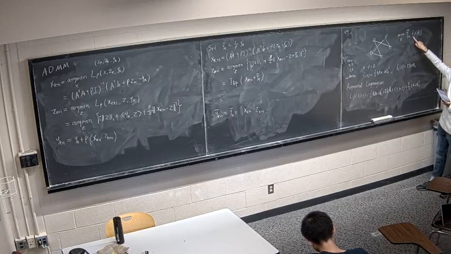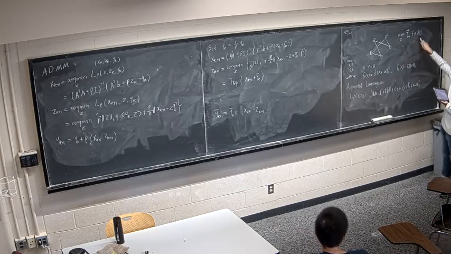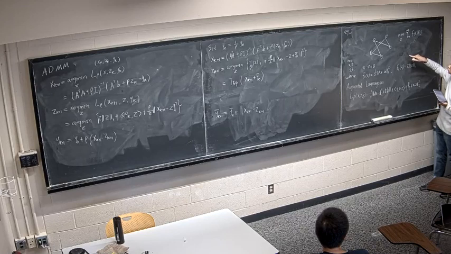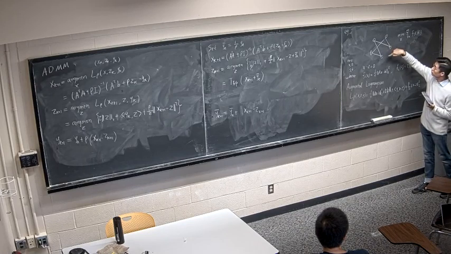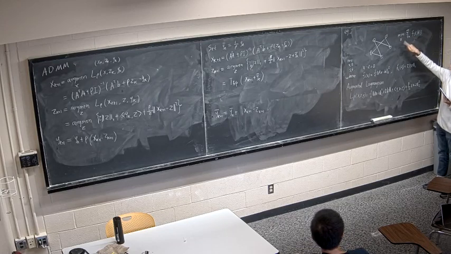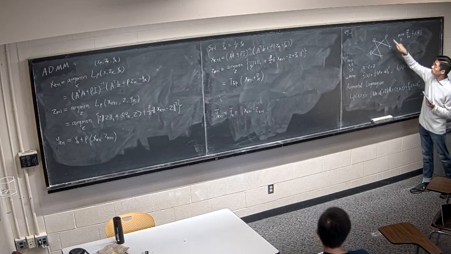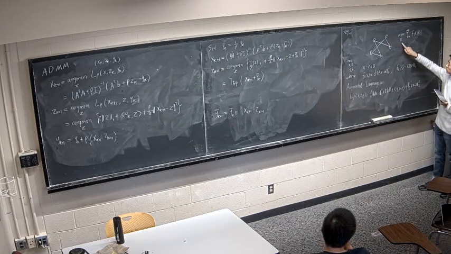This function Fi incorporates some private data only in this agent. But in the end, the goal is to use all the computing resources to collaboratively solve this minimization problem. It's kind of like a consensus among all the agents. We want to find an x that is shared in all the nodes. We want to make a decision in the end.